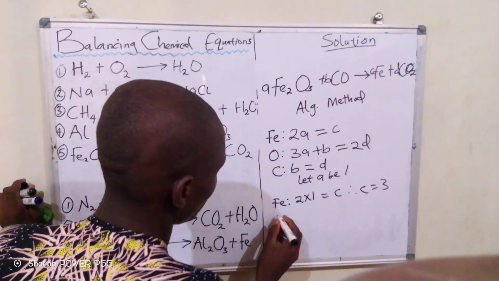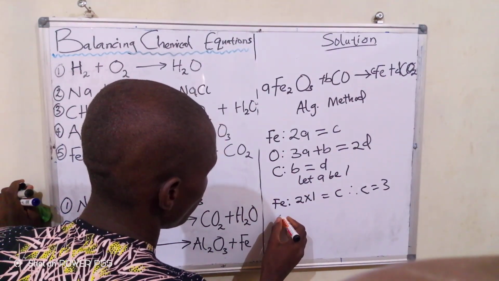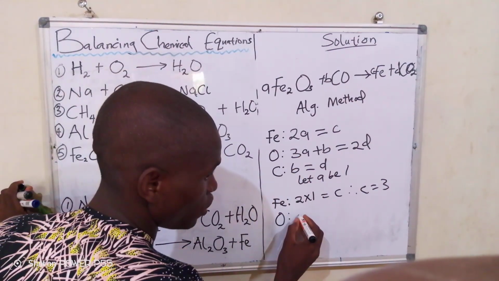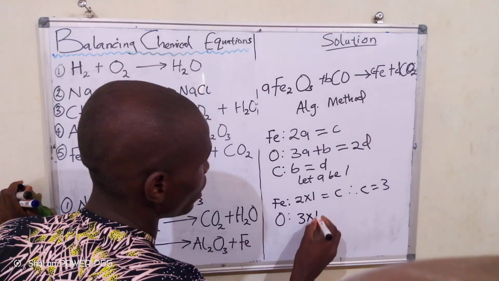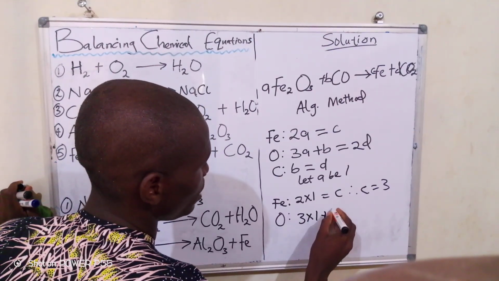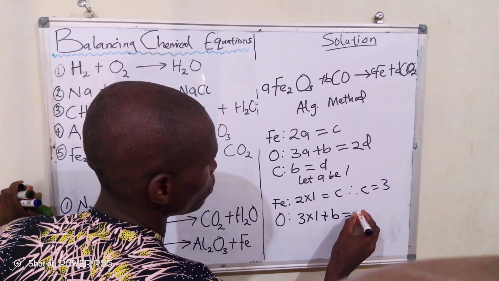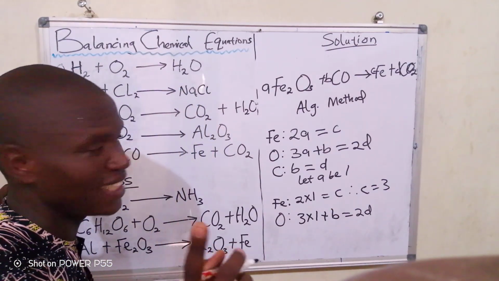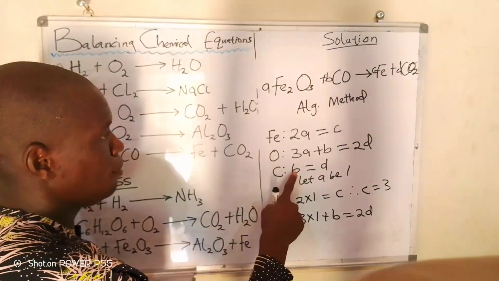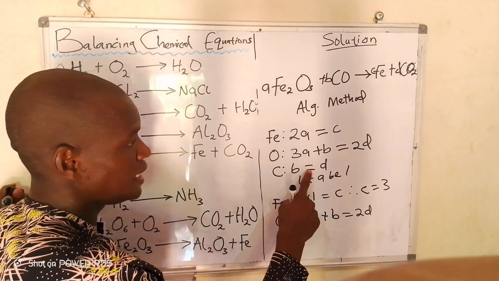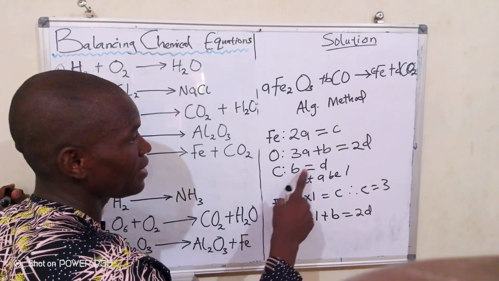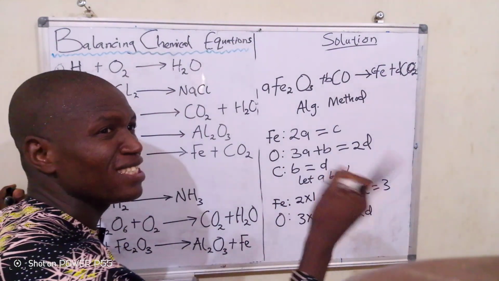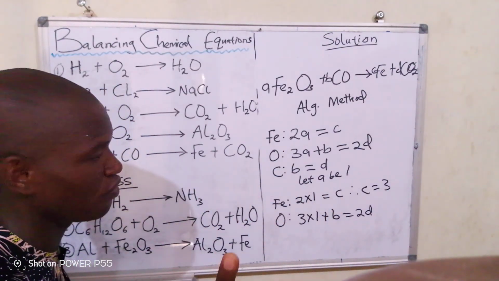Now let's go to oxygen. We have 3A, so it will be 3 times 1 plus B is equal to D. Now I will do something very important here. Remember, B is equal to D. So if B is equal to D, it means that I can remove D and replace it with B so that I can solve.